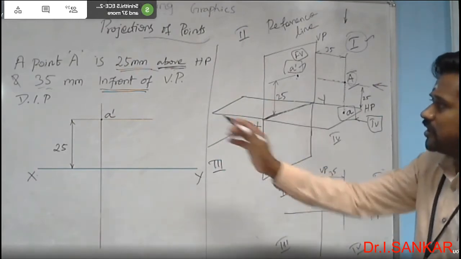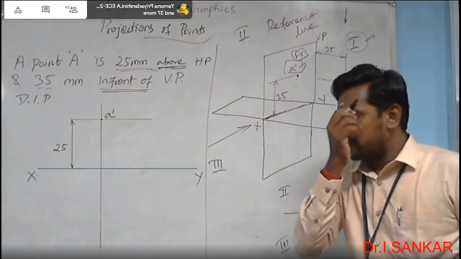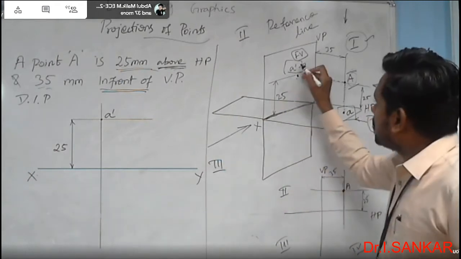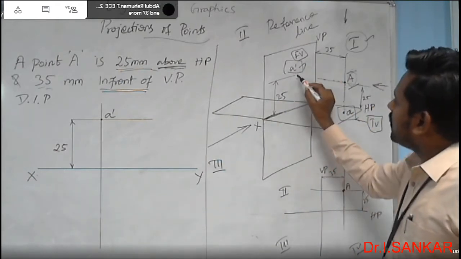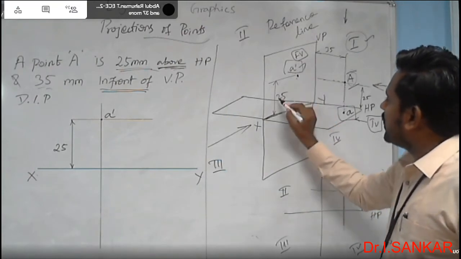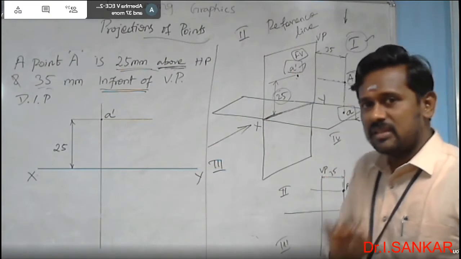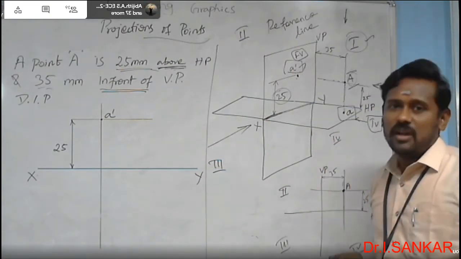In order to draw the front view, what we did already is we found the relation between the front view and the XY line. The front view is here, XY is there. The front view is above the XY line 25 mm. We followed that to draw the front view. The same way, you have to find the relation between the top view and the XY line.